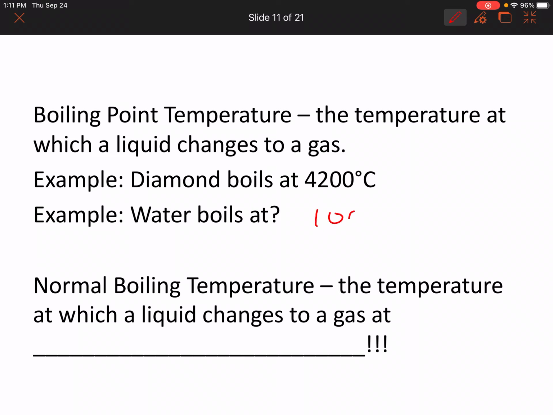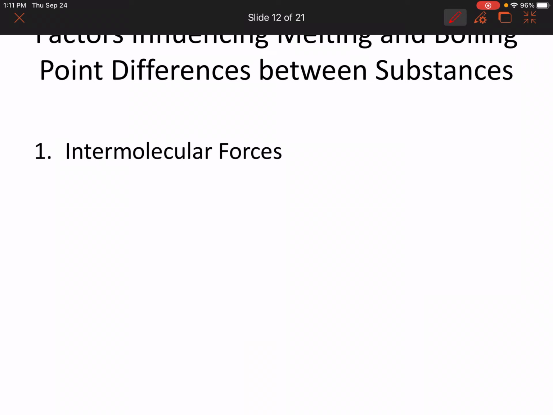Some of you will definitely know this. Water boils at 100 degrees Celsius. Now, the normal boiling point temperature is the temperature at which a liquid changes to a gas at 1 atmosphere of pressure. So again, with that pressure caveat on there.